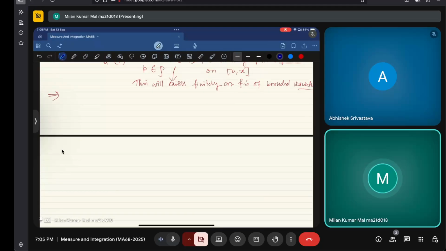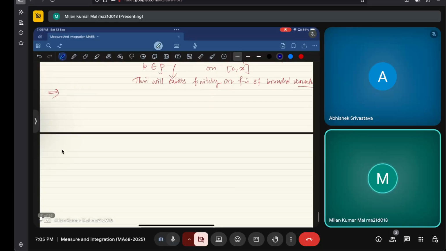This is not tough. Let's see. Now for any partition P, let a less than c.